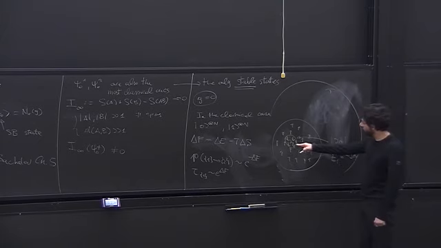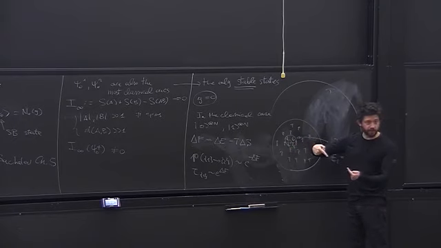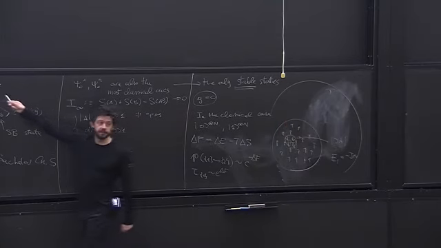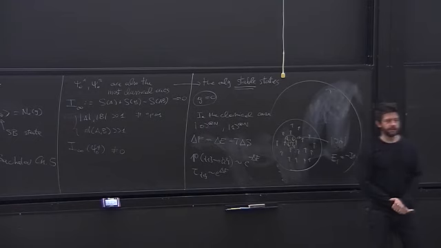But when we flip some of them, for every pair of spins that have different direction, we get an energy plus J. Do you see that?